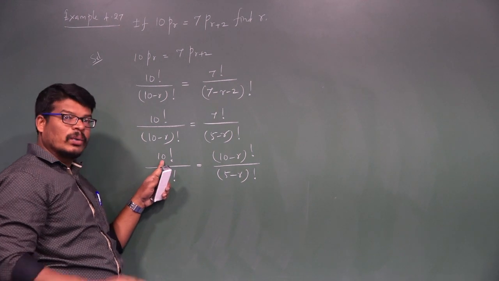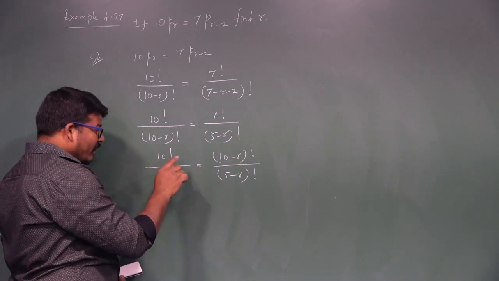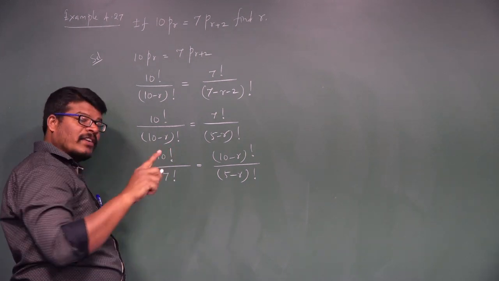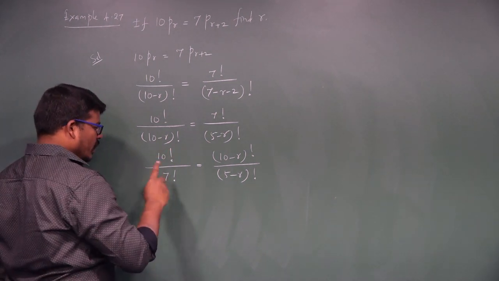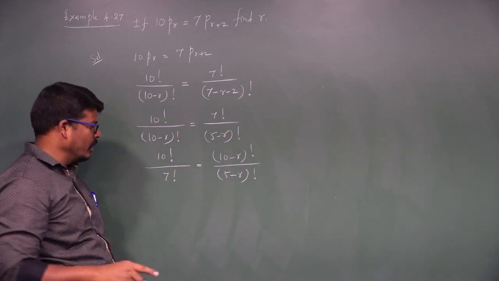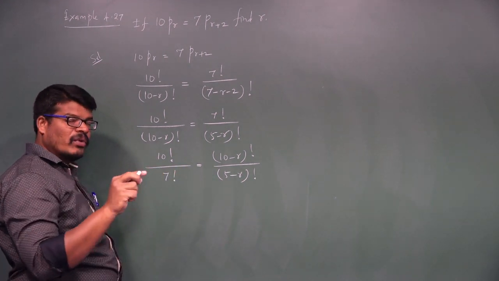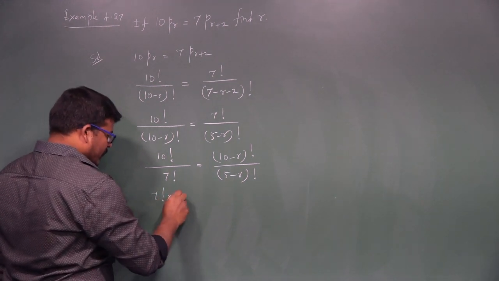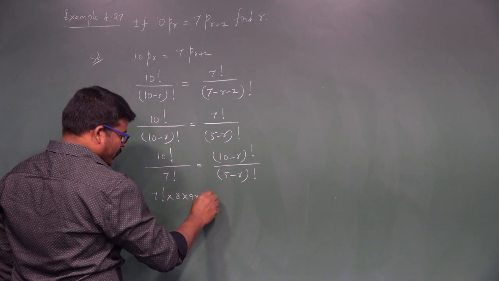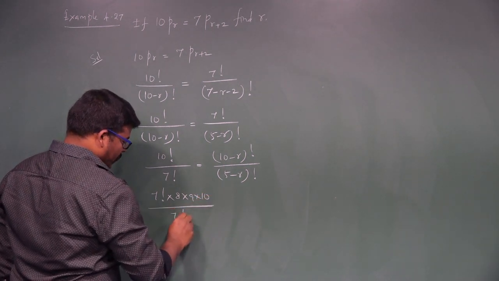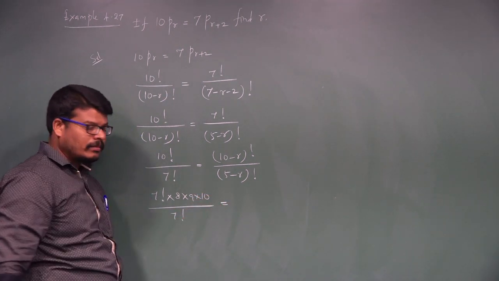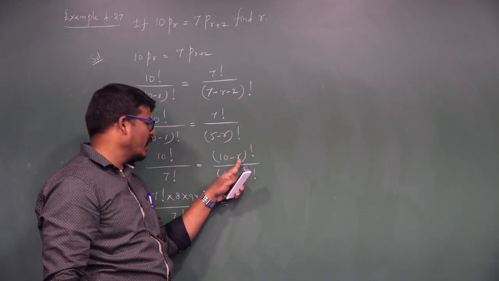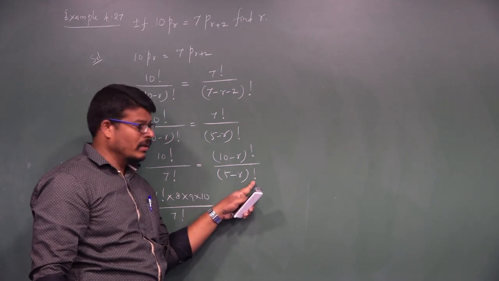How to expand the 10 factorial: it is 7 factorial into 8 into 9 into 10, the product of the first 10 natural numbers, 1 into 2 into 3, 4 and so on up to 10. Writing 1 to 7 as 7 factorial: 7 factorial into 8 into 9 into 10 by 7 factorial equals (10 minus r) factorial divided by (5 minus r) factorial.